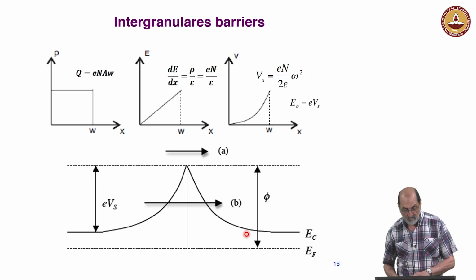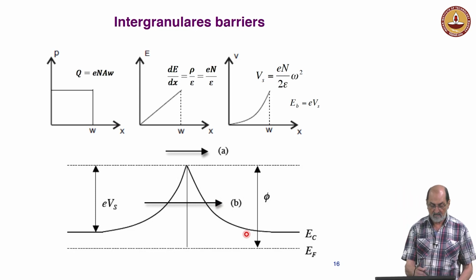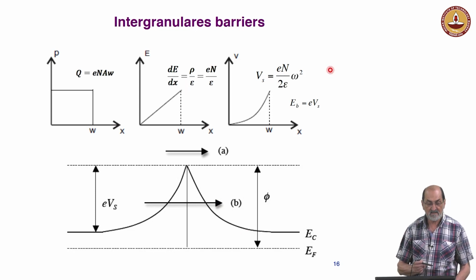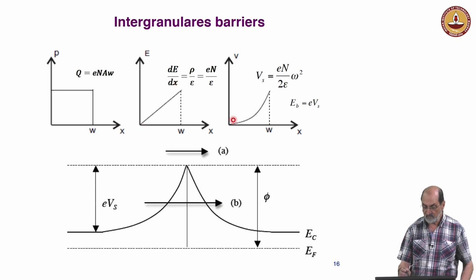So here we have the Schottky barrier again. Here I wrote some details related to the total charge, the field, and the integration of the field, which gives us the potential.